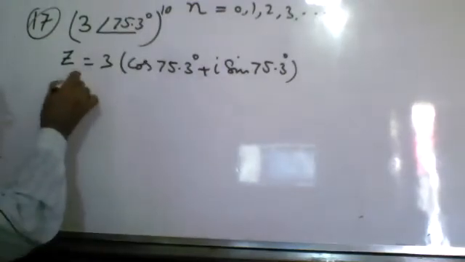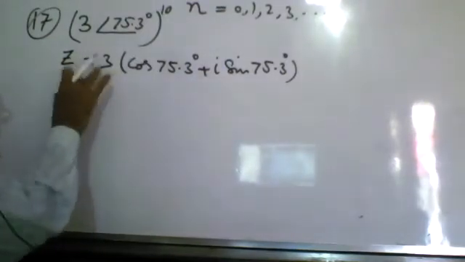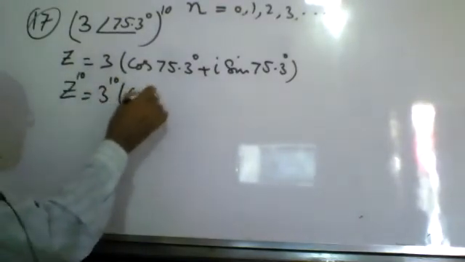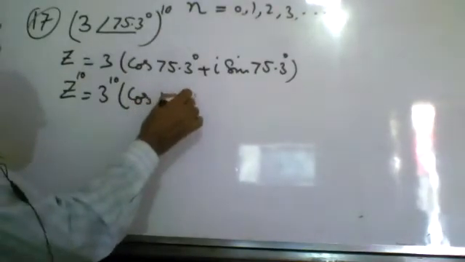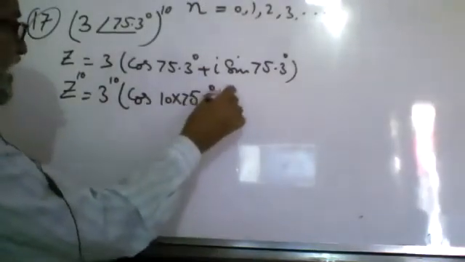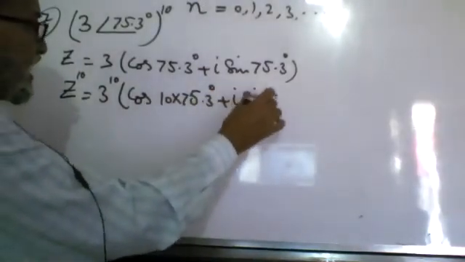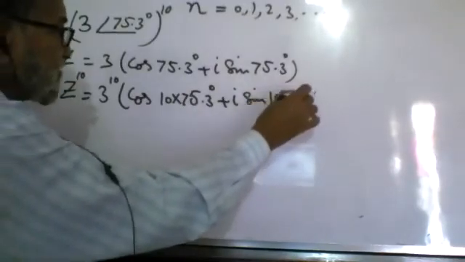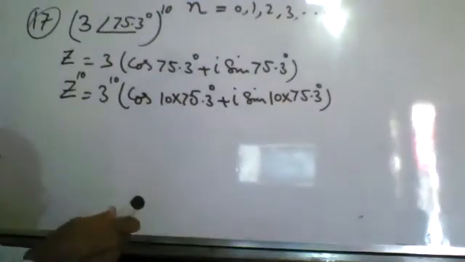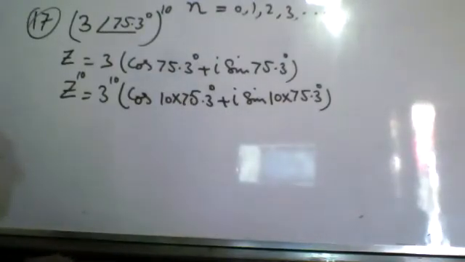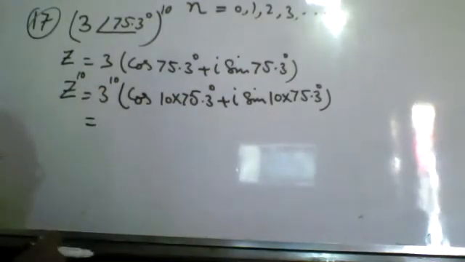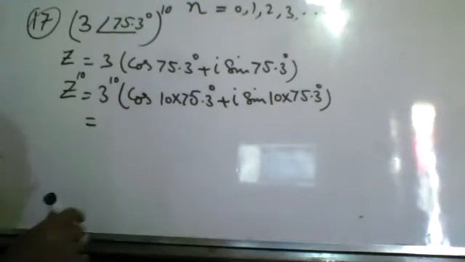So Z raised to power 10 will become 3 raised to power 10 into cos of 10 multiplied by 75.3 degree plus i sin 10 into 75.3 degree. Simplify 3 raised to power 10. What will be the answer?